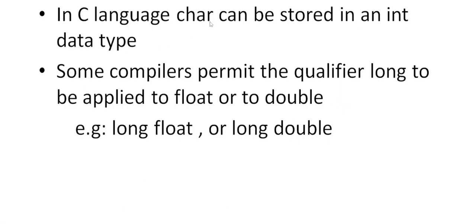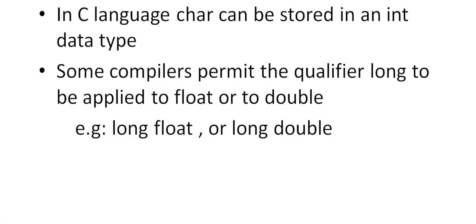In C language, a char can be stored in an integer data type. This is permitted in C, and it is continuing historically. Every character has an integer value associated with it, depending on its position in the ASCII table.